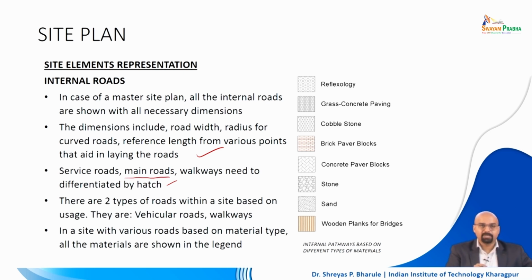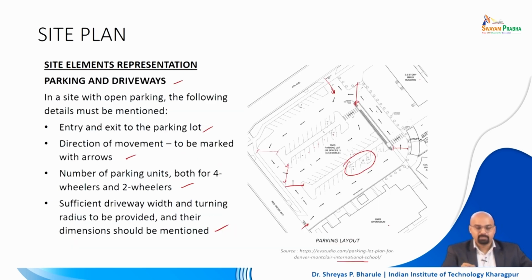You will have the main road which is to be represented at first, and the number of walkways with which the internal walkways connect from the outside. So, that is to be represented. Just to give you an example here, this walkway which is already available here connects with this walkway which is on the outside, right. These are the kind of things which I am talking about, right. So, that is very important.